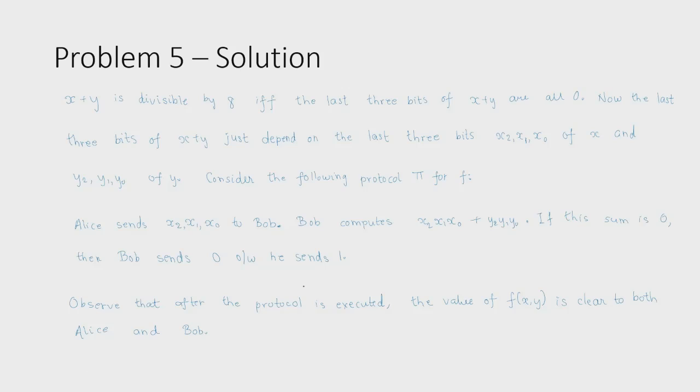Yeah, because if Bob sends 0, then they know that the number is divisible by 8. And if Bob sends 1, then they know that the number is not divisible by 8, right?